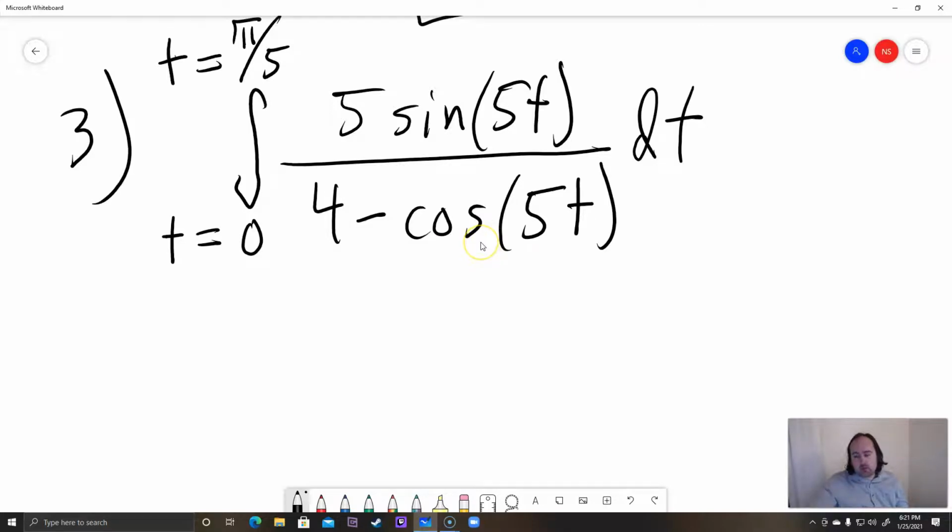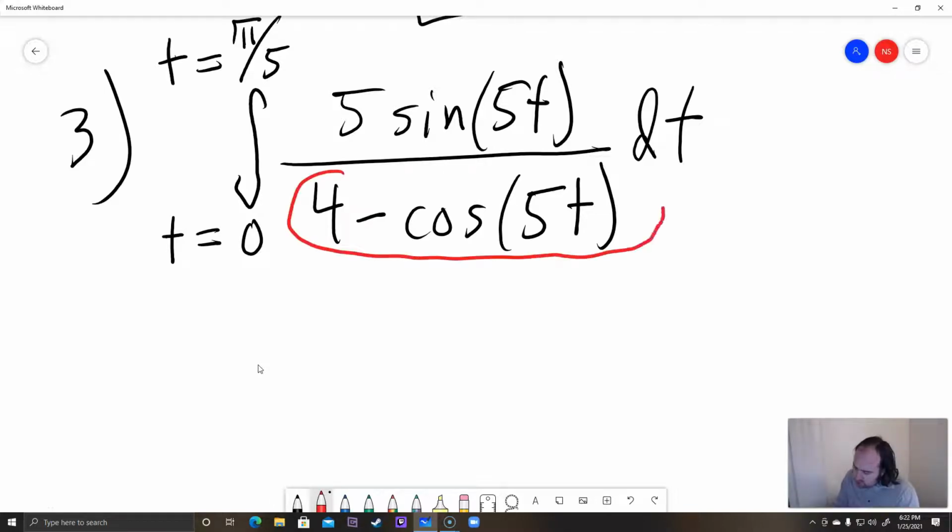And you want to make u be the inside of a composite function. And you usually want to choose u to be the inside of the most complicated composite function. So here the most complicated composite function is actually 1 over 4 minus cosine of 5t. So on this one, once again, we're going to do u substitution, and we're going to choose u to be this big denominator here.